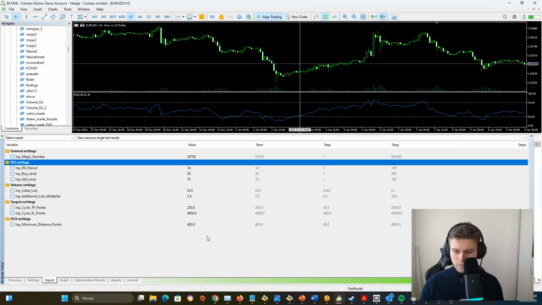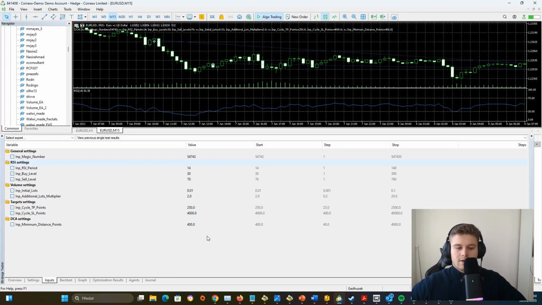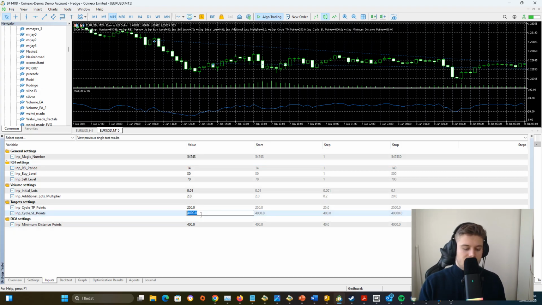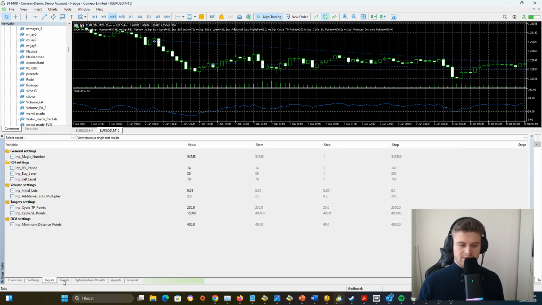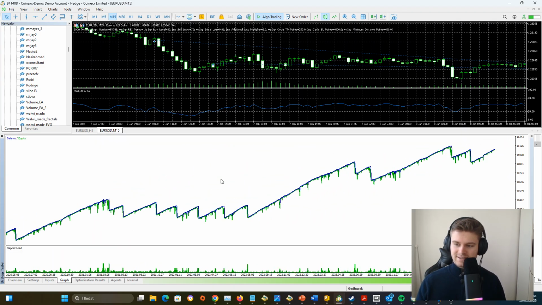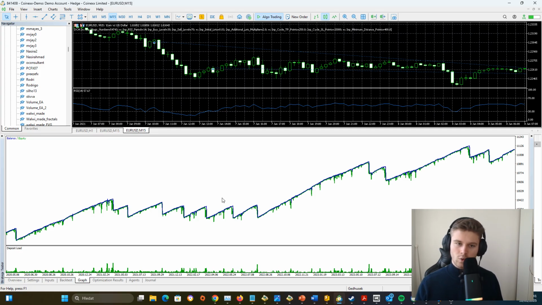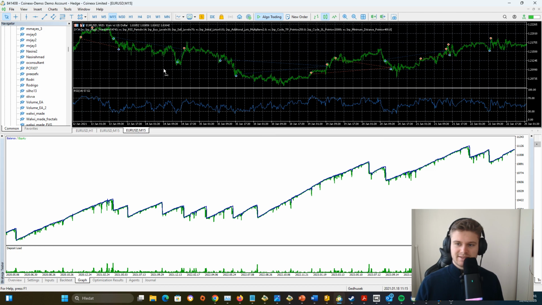They just go full risk mode basically. So let's just see what happens if you, for example, increase this to 15,000. Okay, so let's just see. Yeah, and this is how it looks. You win more, but when you lose, you lose a lot. But yeah, this seems pretty nice.